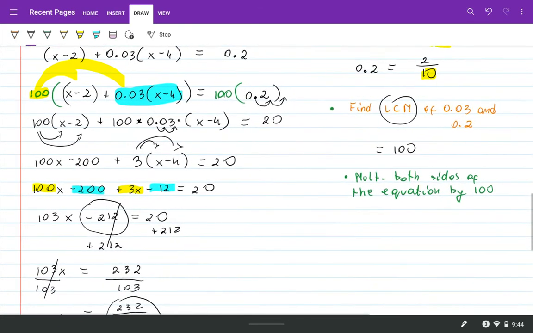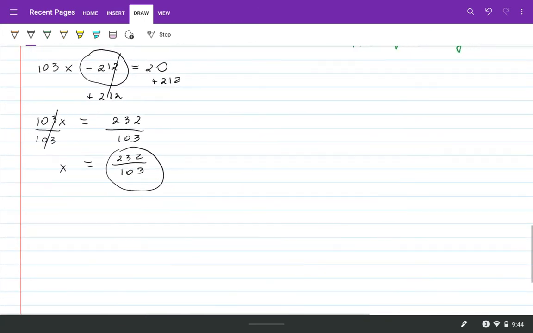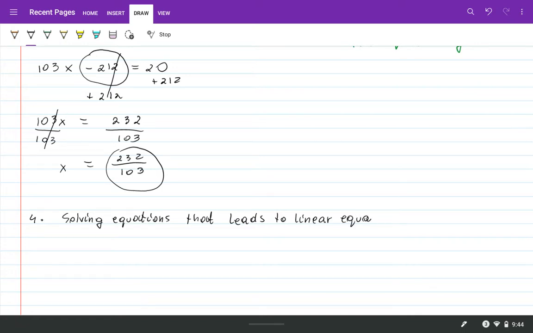And then I have one more example for you guys. Number 4. So this is solving equations that lead to linear equation. A linear equation is an equation which looks like ax plus b equals c.